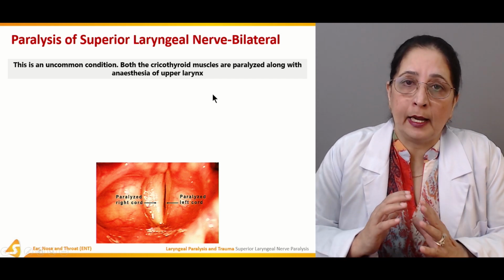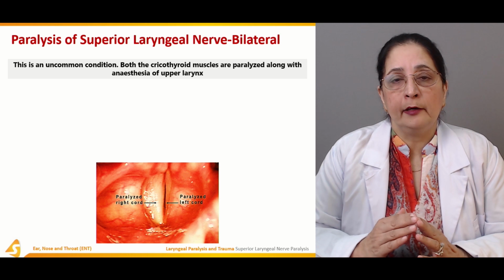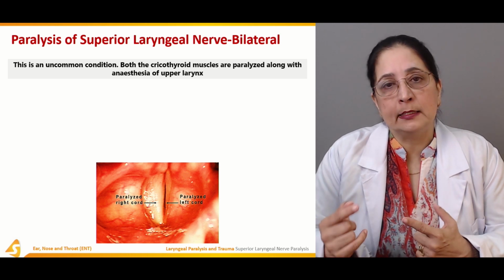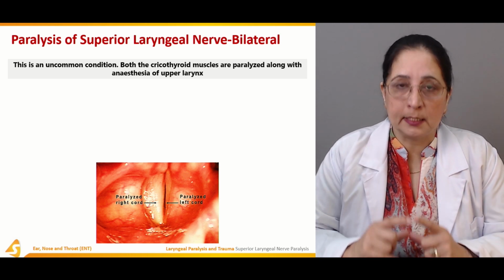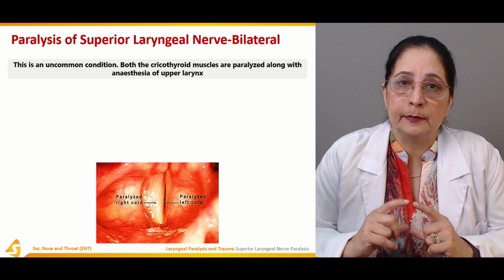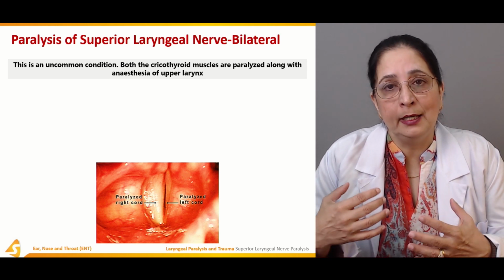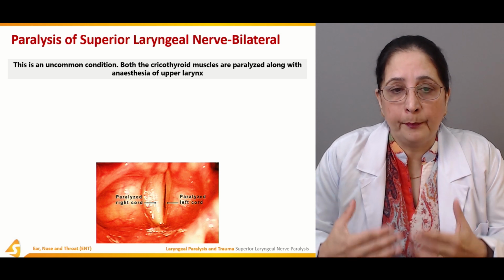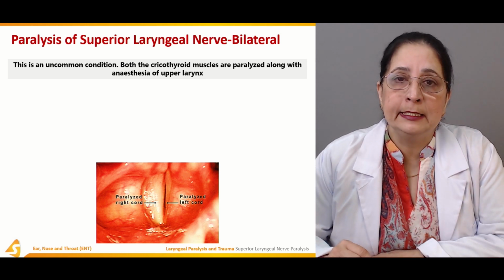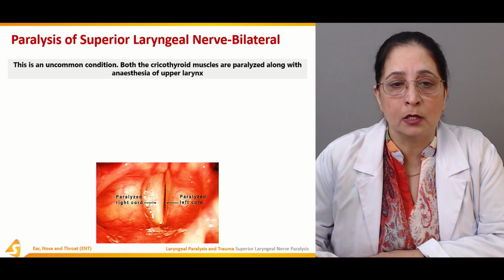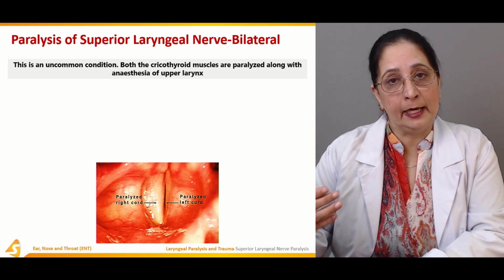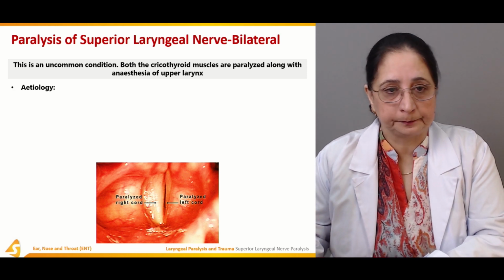We mentioned that the external branch of the superior laryngeal nerve supplies the cricothyroid muscle and the internal branch supplies the larynx. So there will be involvement of the upper part of the larynx, which leads to anesthesia, loss of sensation. But again, it's an uncommon condition.